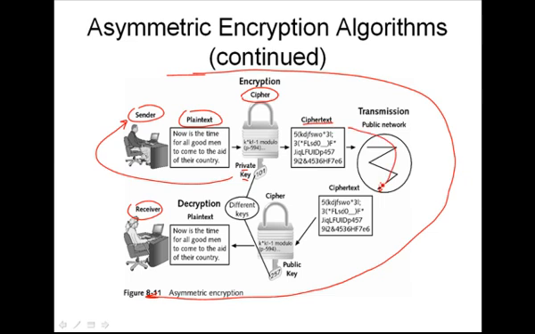So now we have the ciphertext here. We can transmit this across the public network. We have the same ciphertext at the recipient. We feed the ciphertext back into the cipher. This time we use the public key of the sender.